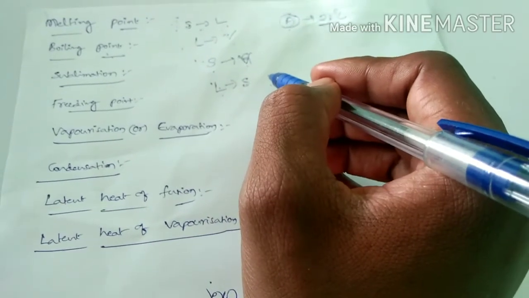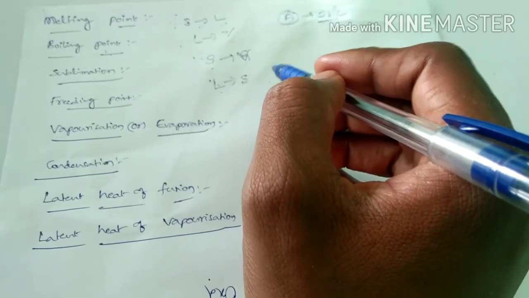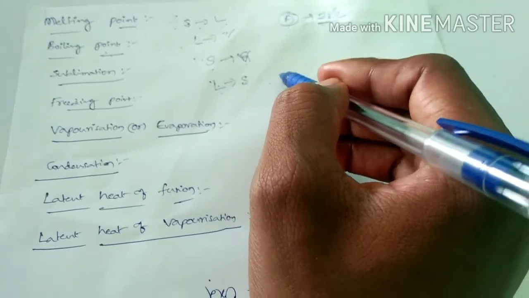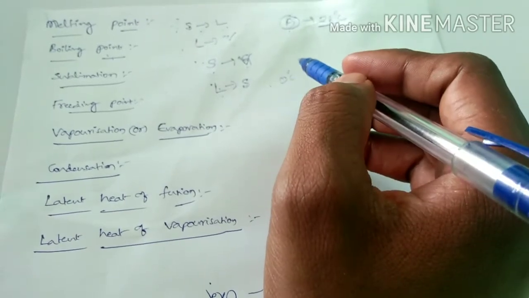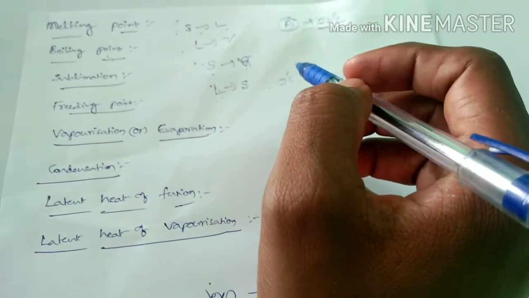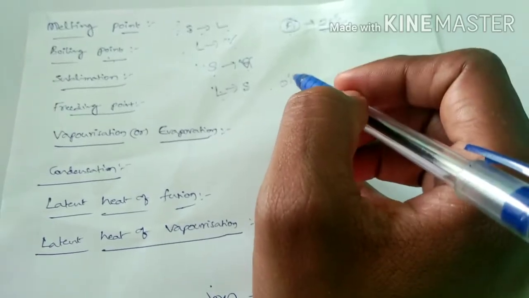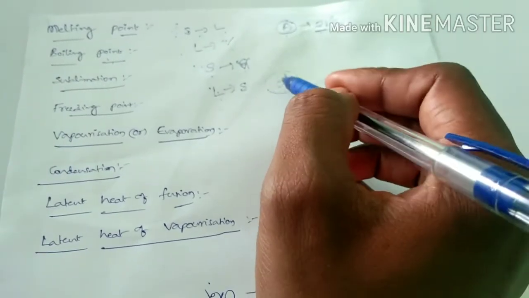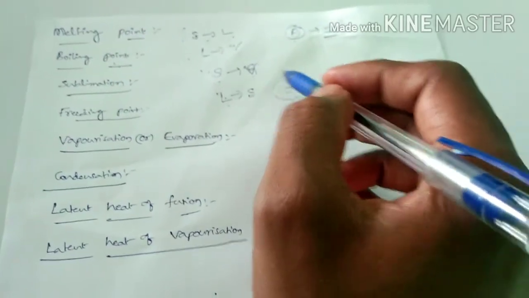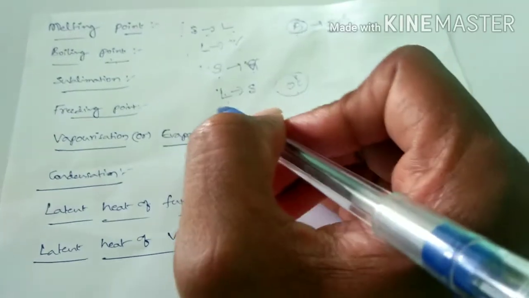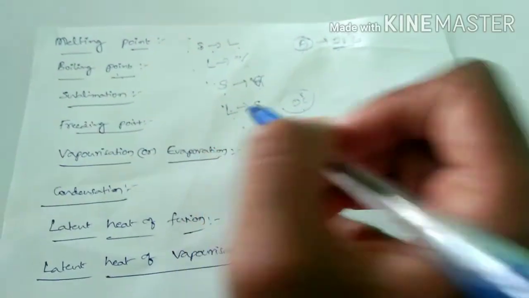Water is in liquid state. If that water undergoes cooling at 0 degrees temperature, water becomes solid state. Water becomes solid at this temperature. That is why this is the freezing temperature of water. It means at 0 degrees temperature, water becomes solid. So that is the definition of freezing point.